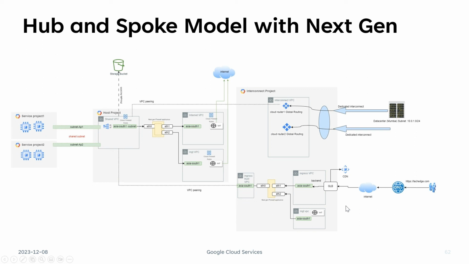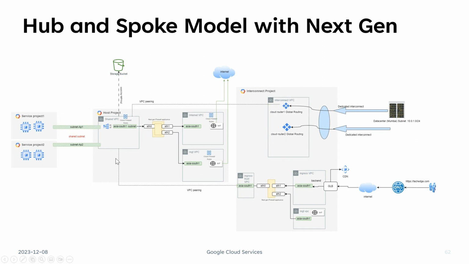There is a different project for the connectivity only. This project is dedicated only to the interconnectivity. This project has a VPC called the interconnect VPC, and this particular VPC is connected to your data center. So your data center is talking to this VPC. Now this VPC can peer with your actual workload VPC.